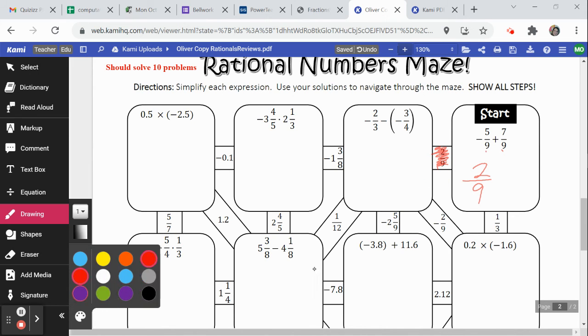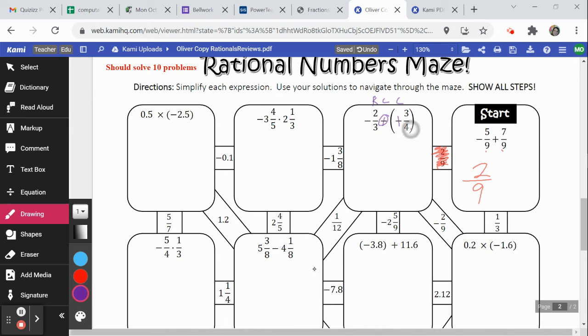All right, the next one, I have negative 2/3 minus a negative 3/4. Okay, first thing, it's in subtraction. We don't like subtraction. So we got to add our opposite. The opposite of a negative, a positive. Okay, different signs subtract, but we also need to get a common denominator.